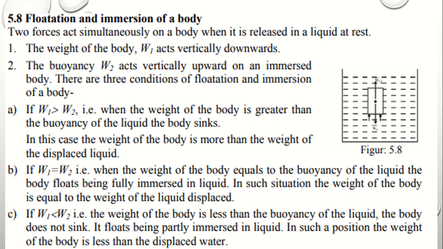In such a case the weight of the body is less than that of the displaced water. For example, I can tell about a ship. A ship can float on the sea, being partially immersed in water. Here, the weight of the displaced water by the ship is more than the weight of the ship. That's why it can float on water.